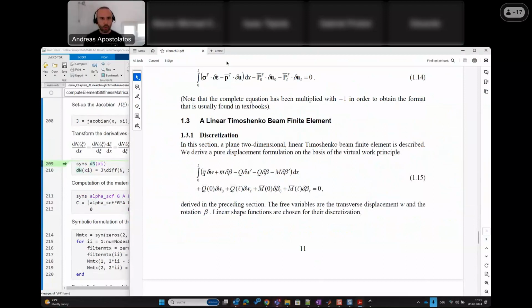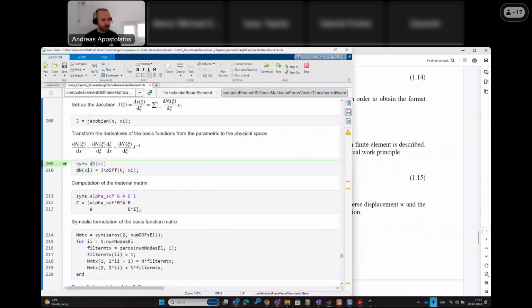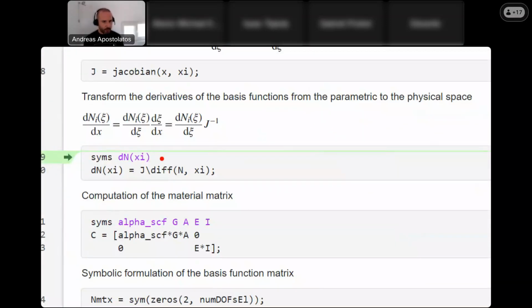Therefore, in here, you will see that I'm taking the basis functions and, using the Jacobian, I'm constructing the derivatives with respect to the physical space using the derivatives with respect to the parametric space. So if I zoom in here, please let me know if you have any questions. This expression here, the diff of n with respect to psi, is nothing else but dN/dpsi.